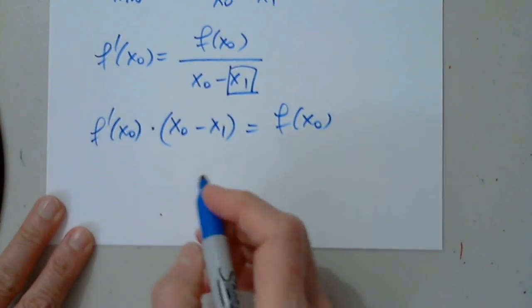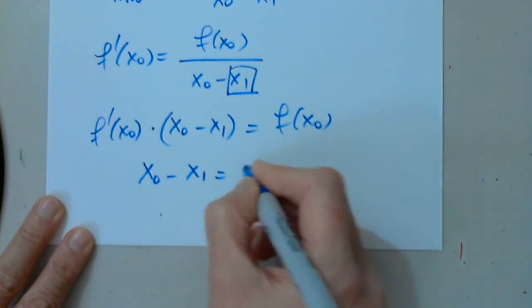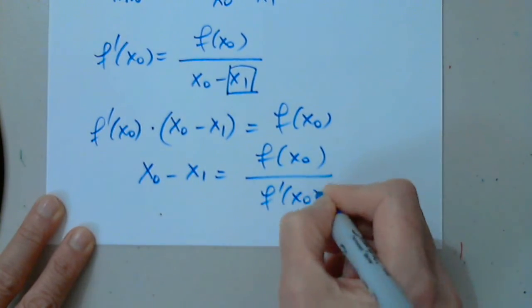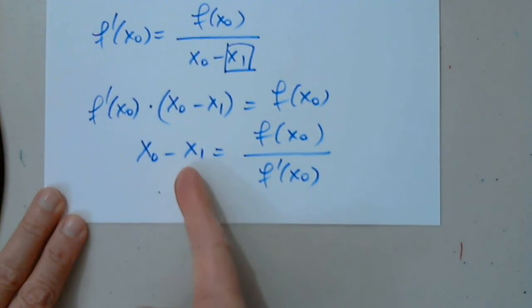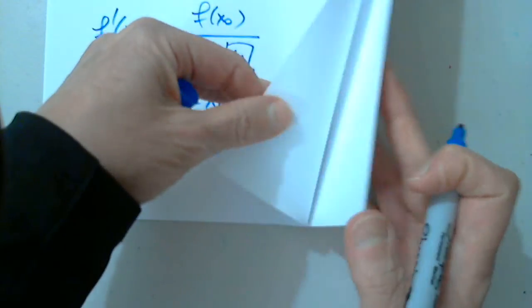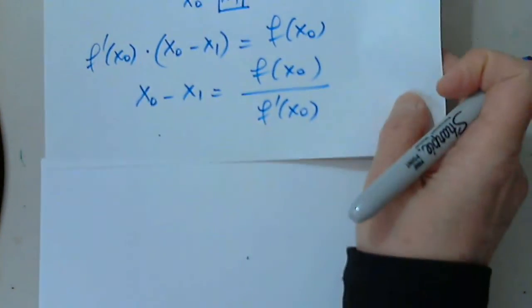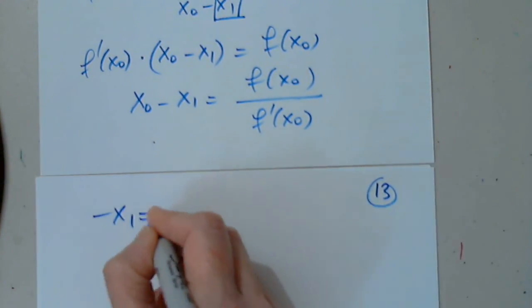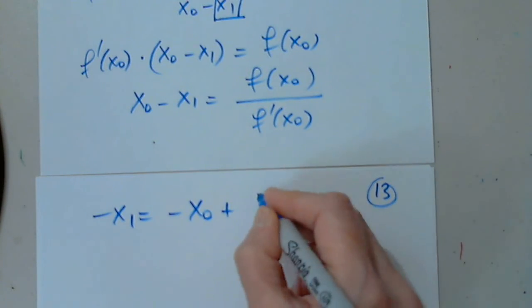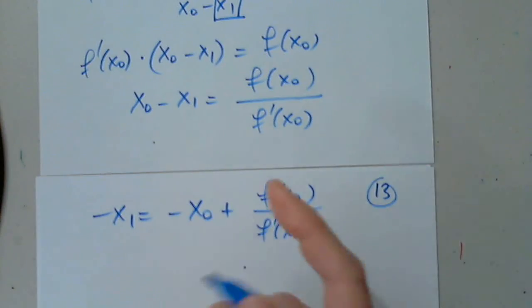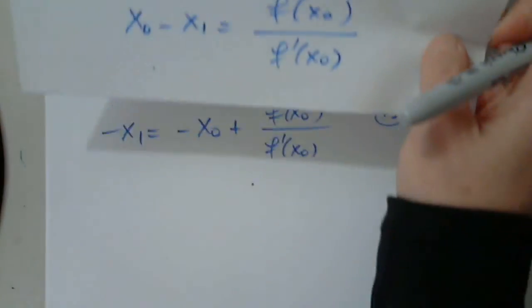I will divide by this. Okay, remember I'm solving for this. I move x0, just algebra, this is only algebra, there is nothing here. So negative x1 equals negative x0 plus f of x0 over f prime of x0, and I multiply by negative 1.